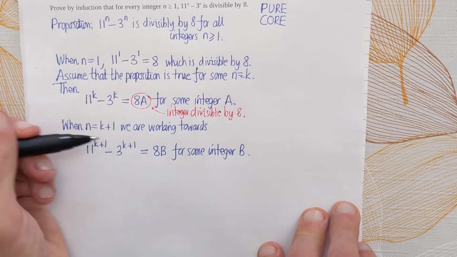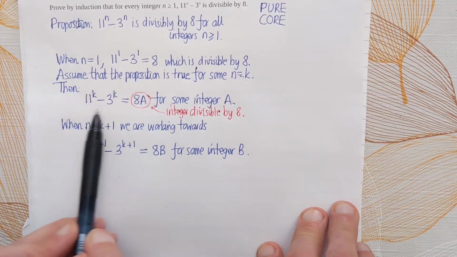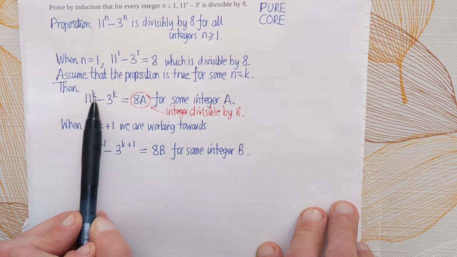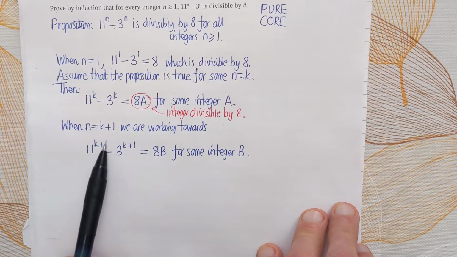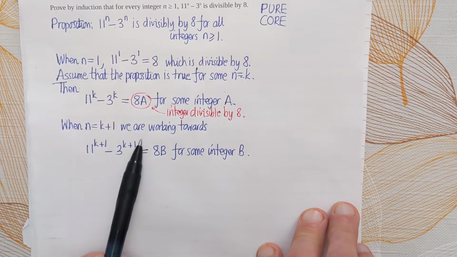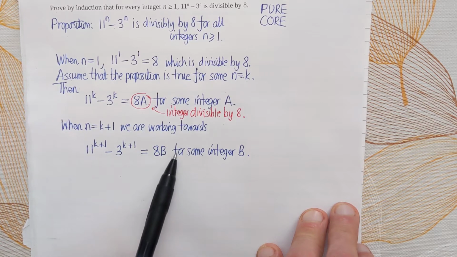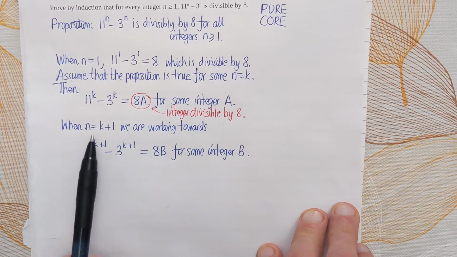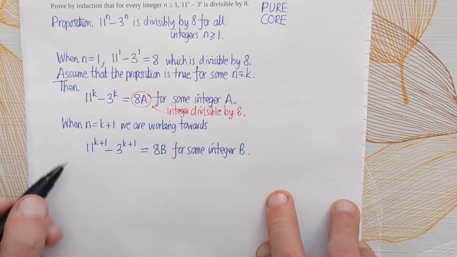Okay? Right, what does this mean? This means that we're assuming that the proposition is true for n equals k, and if we can go to n equals k plus 1 and show that this expression also gives a multiple of 8, then essentially we have proven the proposition.